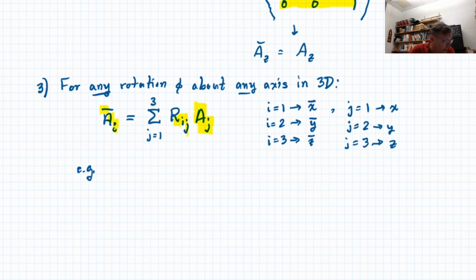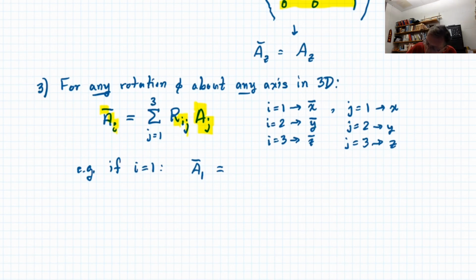So, for example, if we choose the index i to be 1, then on the left we have A_1 bar, and that's given by the sum over j going from 1 to 3. And remember, the i has been chosen at 1, but the j is summed over ranging from 1 to 3.